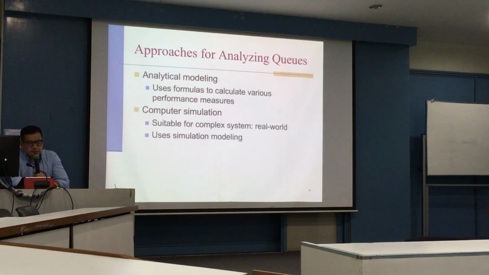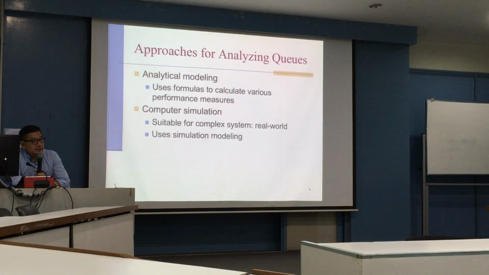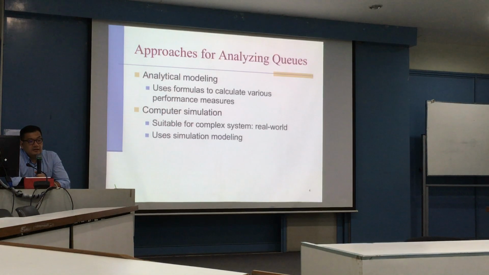And in order to analyze the queuing system, there are two main approaches, including analytical modeling and computer simulation. So for our class, we're using the first approach, that would be analytical modeling, right?